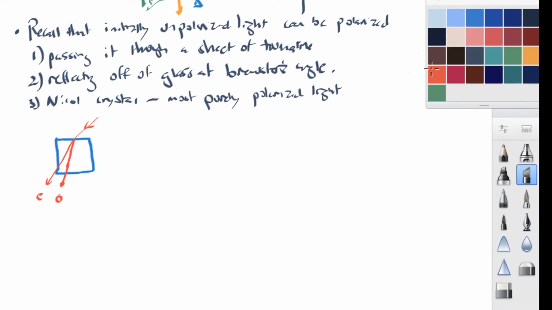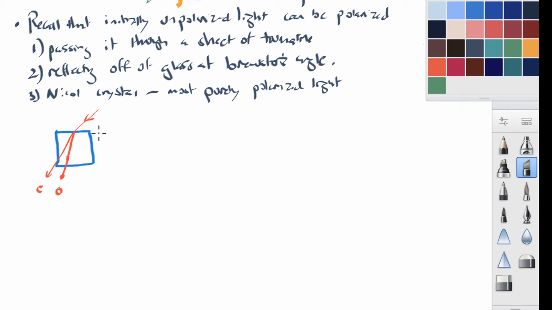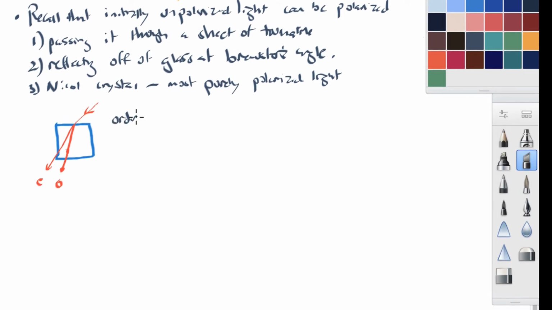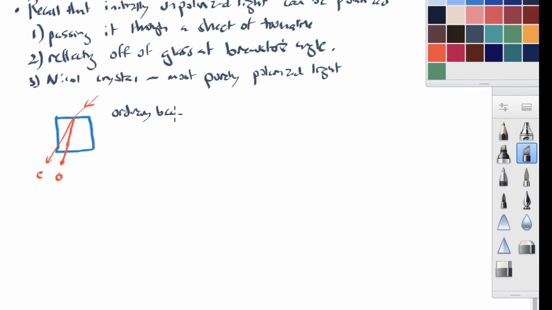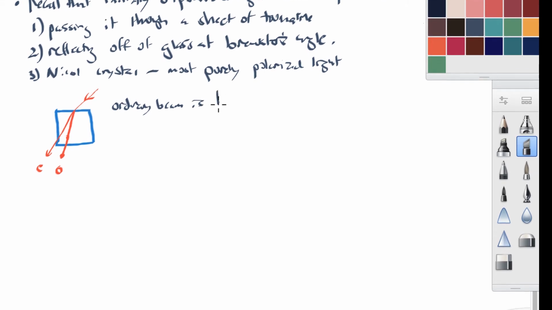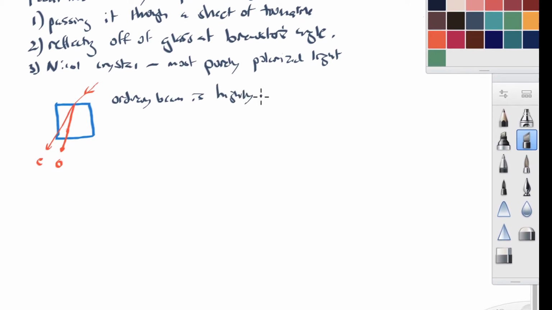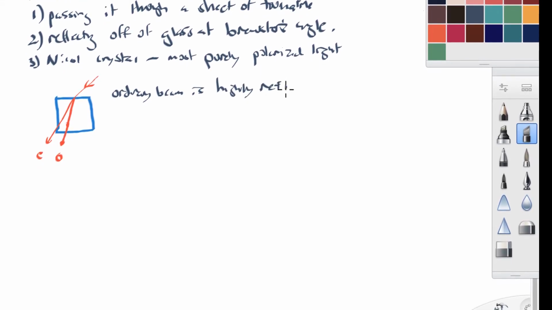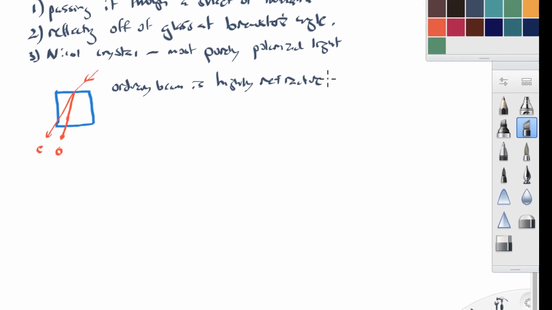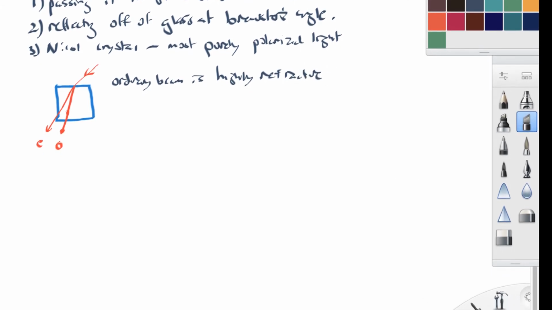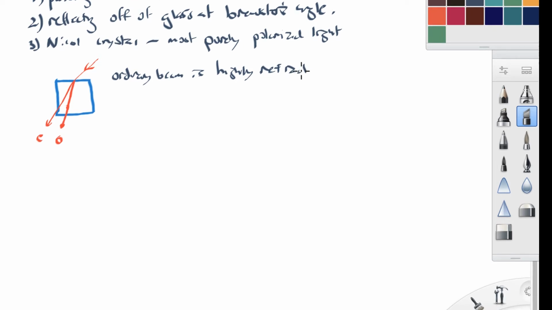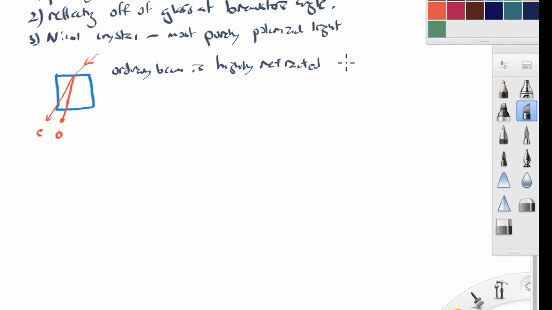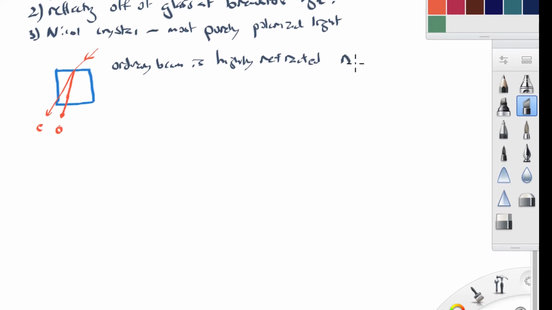And remember the difference between these. The ordinary beam is highly refracted. It's bent a lot. It obeys the ordinary law of refraction. It behaves as if the crystal had a refractive index.